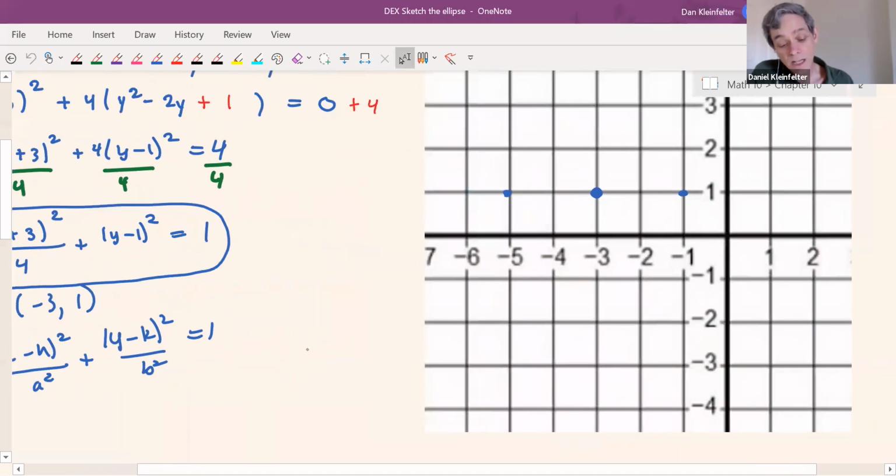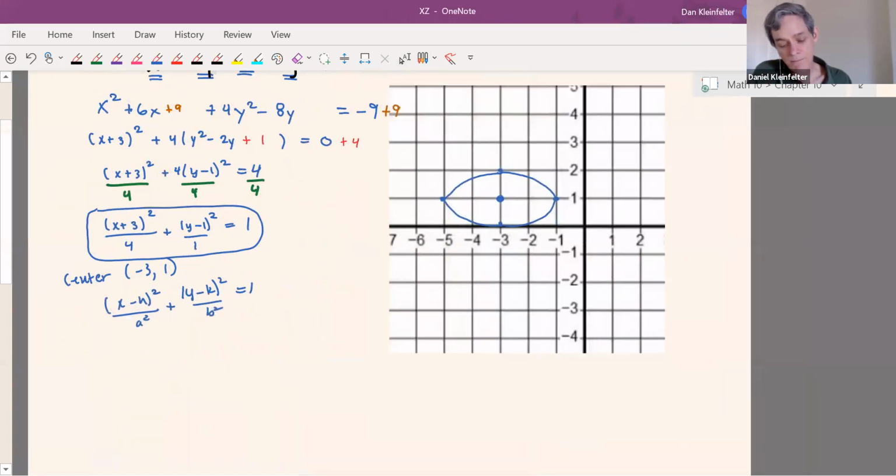Okay, the other denominator was a 1. The square root of 1 is 1, and so we'll go up and down by 1 unit to create the co-vertices. Okay, all right, so there's the sketch of our ellipse.